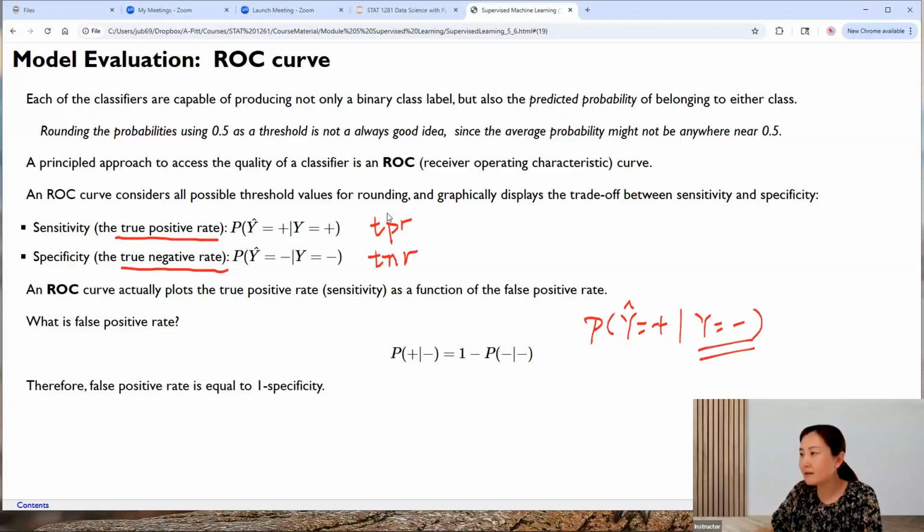Because the actual status is negative and the model predicts positive. So that's why it's called the false positive rate. And it turns out it's equal to 1 minus the true negative rate. The condition should be the same. Right? It's 1 minus the true negative rate.